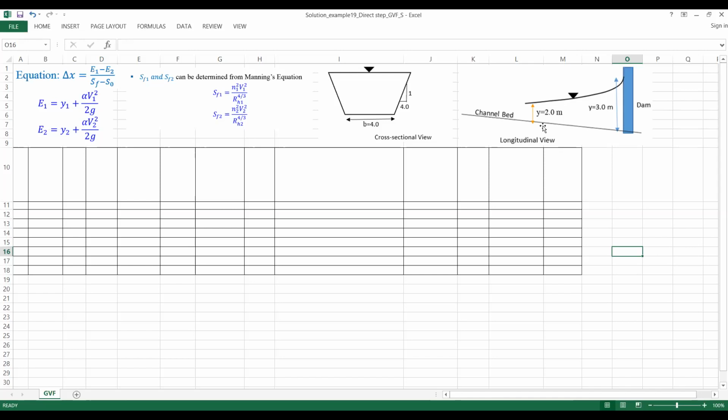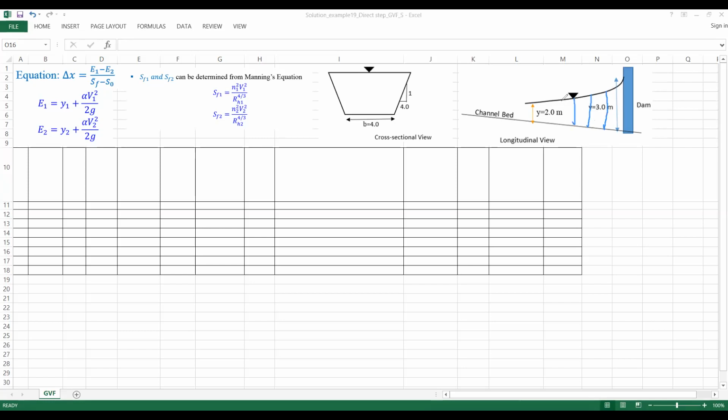Basically, we have to divide the section from 3 meters to 2 meters into many subsections, and for each subsection we will know the depth, and then for each depth we will calculate the delta x. So between these 3 and 2, we will divide the whole section into small subsections like that.